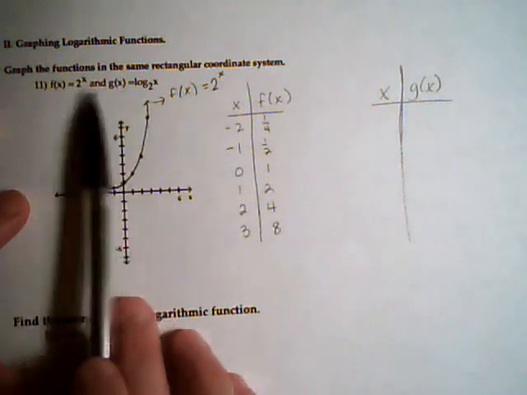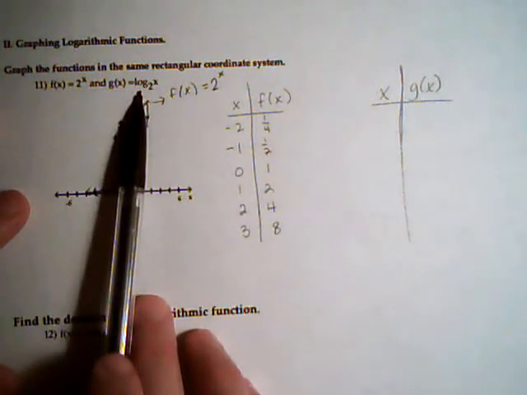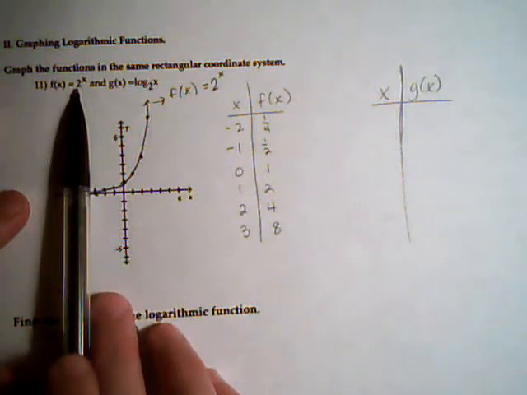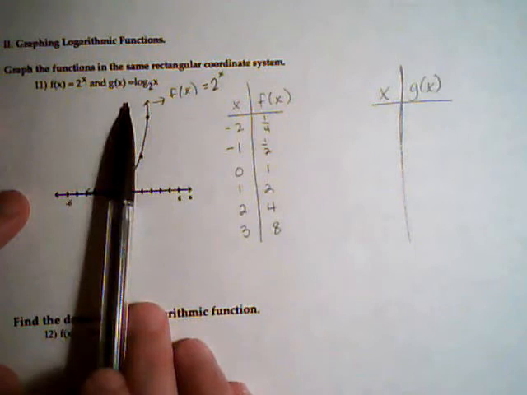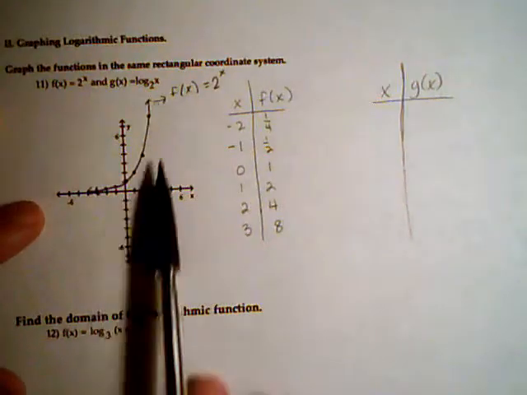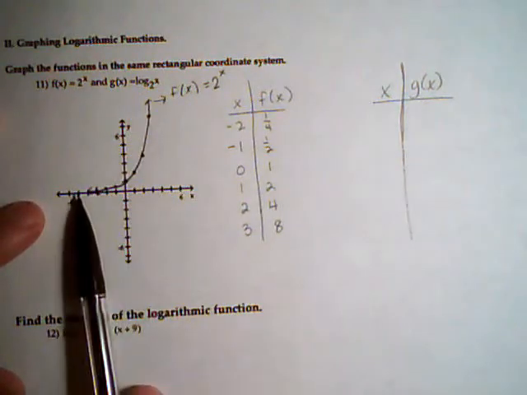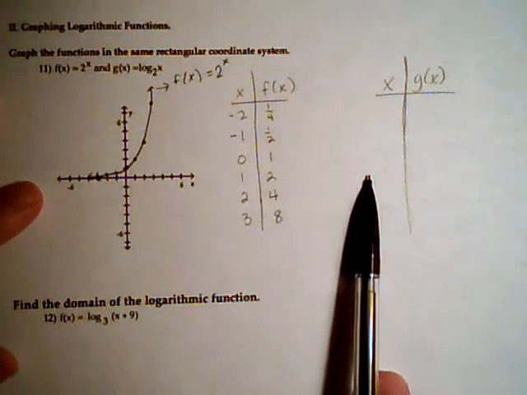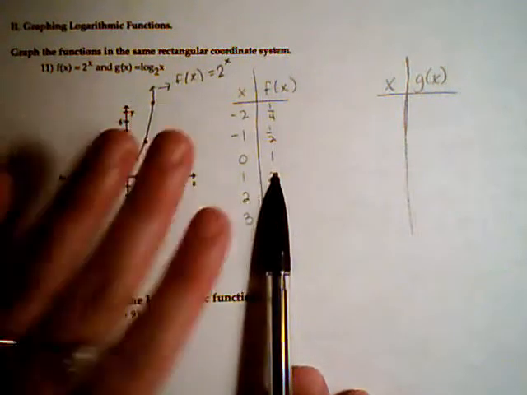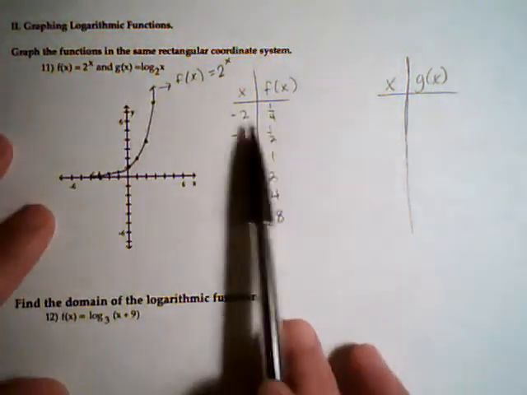Notice that these are inverses of each other. The base here is base 2, the base here is the same, so I could convert between these two forms. So I went ahead and graphed f of x, which we've looked at before. The inverse to this, the logarithmic function, remember with your inverses it means that you could just interchange your x and y values.